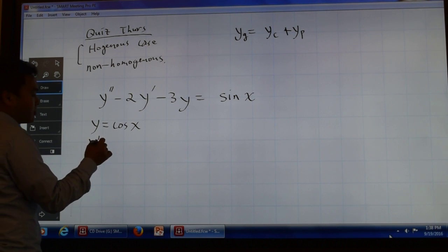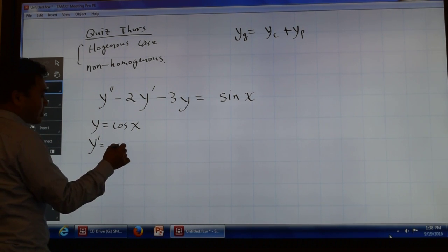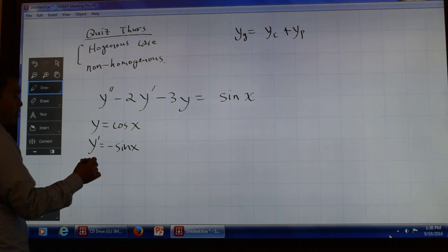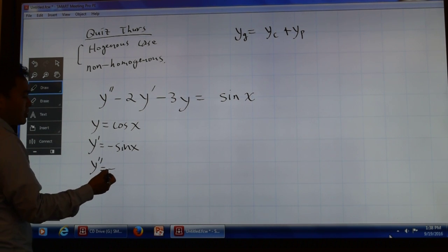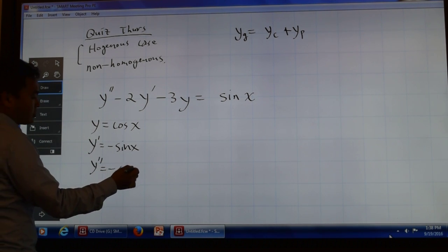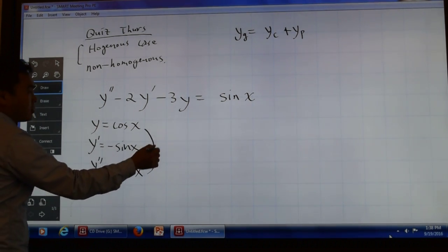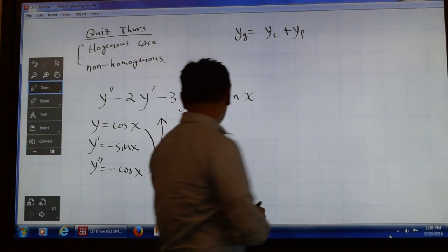Y prime is negative sine x. Y double prime is negative cosine x. Now plugging all of them into the left side, let's see what we get.